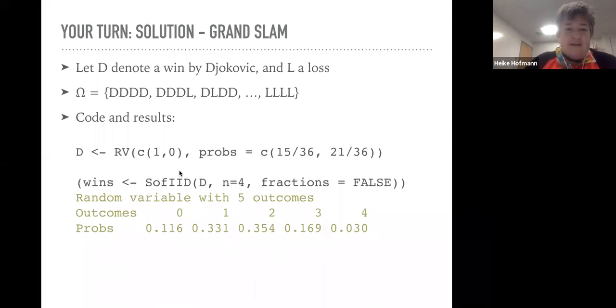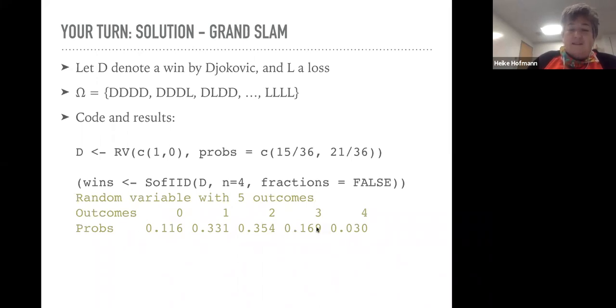So this defines a new random variable wins. It should actually be W, but I'm good at reading and following my own instructions, so sorry about that. So this is the number of wins in those 4 matches. And we've got outcomes 0 to 4 with the associated probabilities given on our assumption of 15 out of 36 and 21 out of 36.